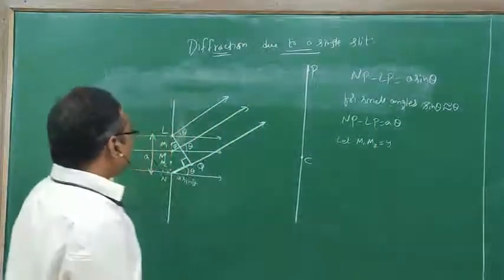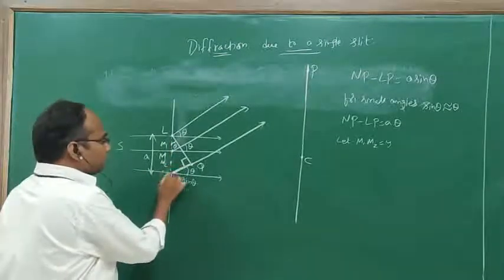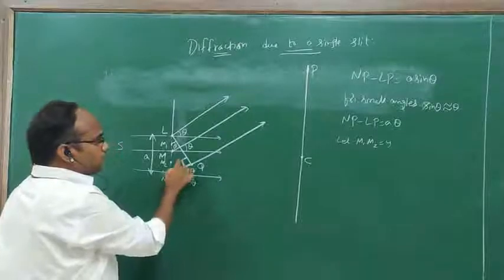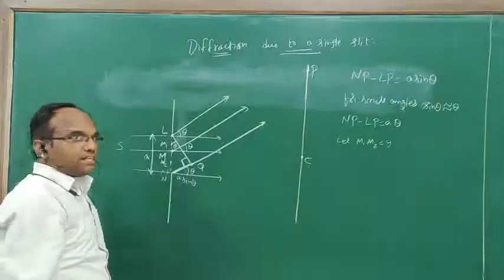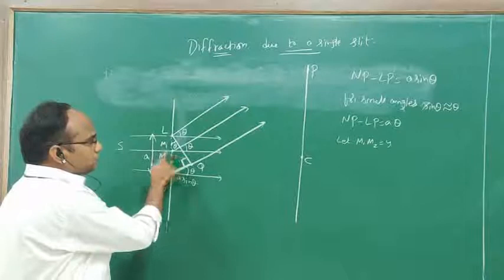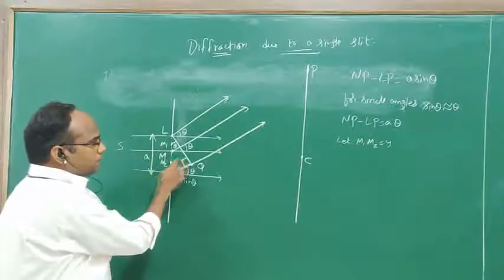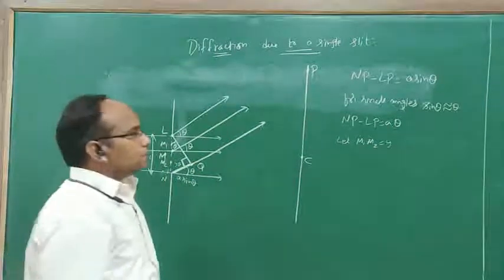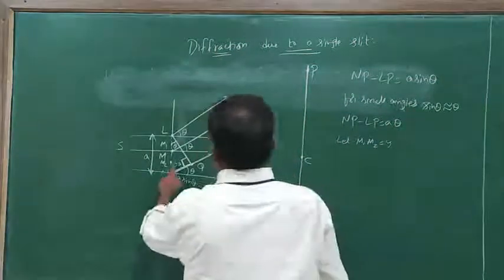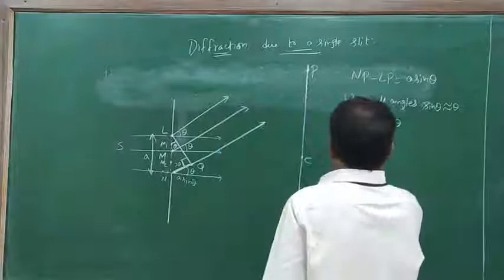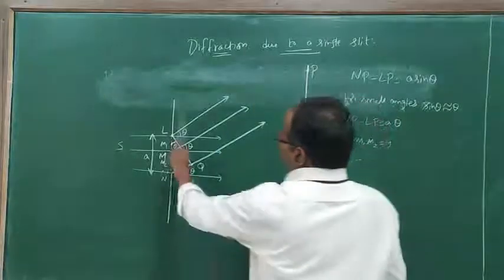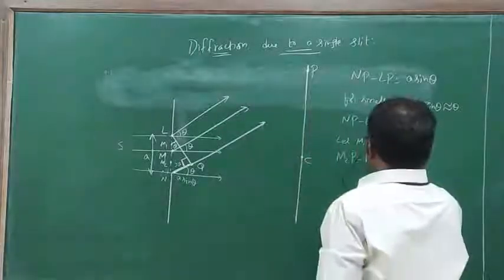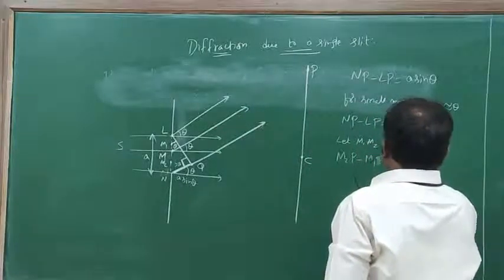So from here, if I join from here to here, if I take the ray, what is the extra distance? If this is Y, therefore here we'll get Y theta. So from here, what I should write? Path difference M2P minus M1P is equal to Y into theta.